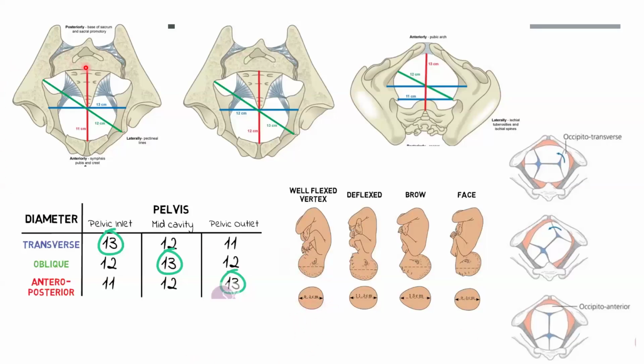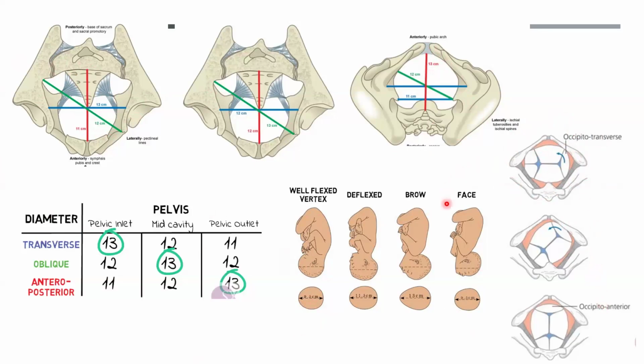And we need this head to go in straight, then go in diagonally, and then go in vertically. So this is why we have the rotation. We start in the pelvic inlet, where it goes in an occipito-transverse manner, so it goes in horizontally.